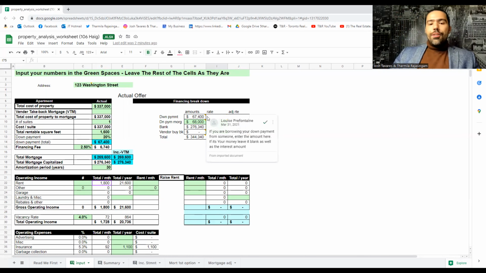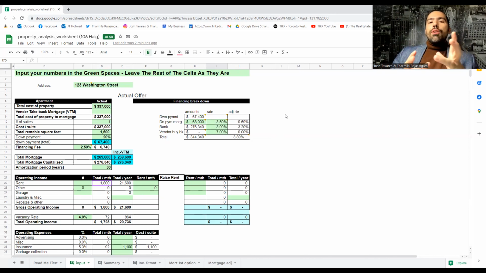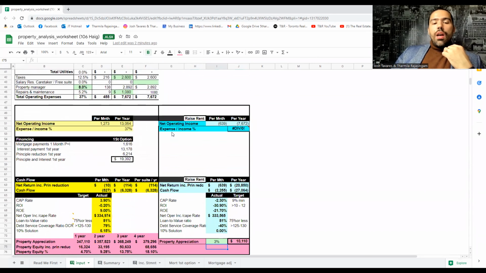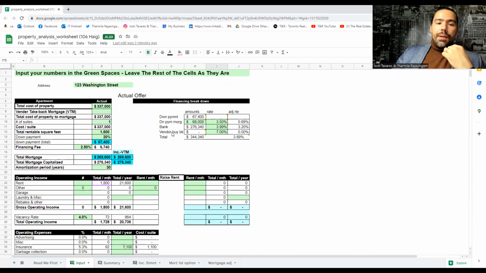Everything as such. So when looking for rental properties, if you're a new investor, I highly recommend taking a good understanding of how this chart works, because you could find a lot of information and numbers online. However, not all the information is going to be accurate.